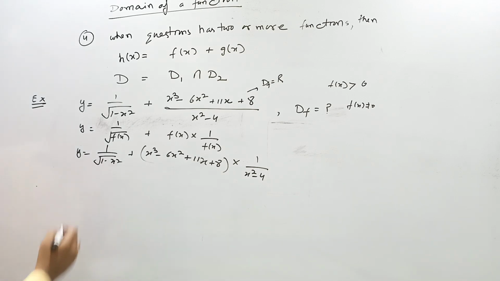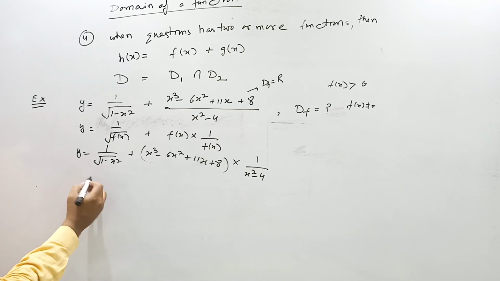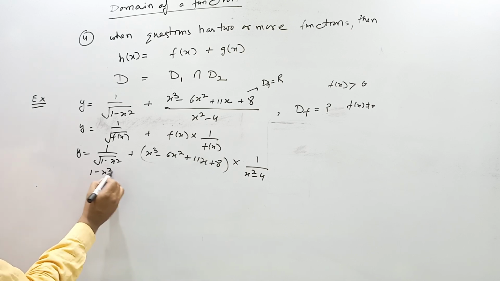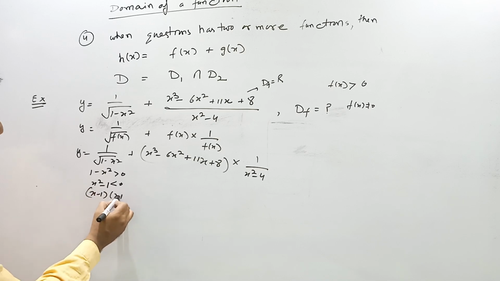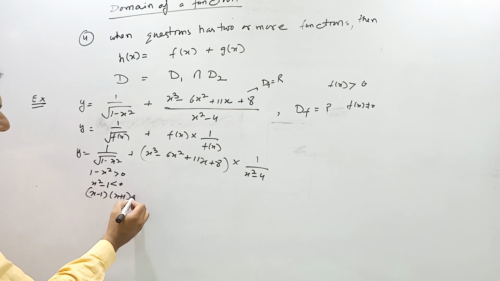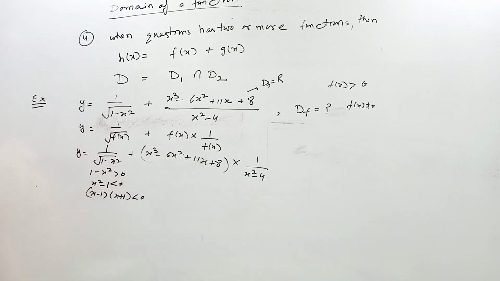In this case you solve 1 minus x square greater than 0, and then x square minus 1 less than 0, (x minus 1) into (x plus 1) less than 0, and this is equal to minus 1 less than x less than 1.